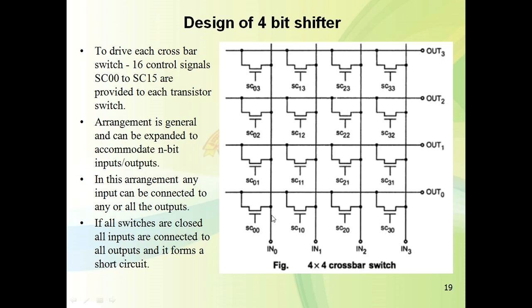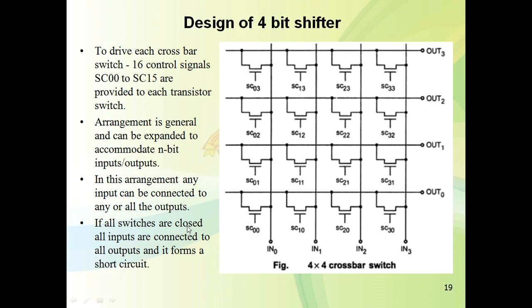For example, input 0 we have to connect to the next line, so you turn on this switch, then again this switch. Likewise you can select any input pin, and any input pin can be connected to any output line. Suppose you want to connect in 0 to out 3, you have to turn on this one.